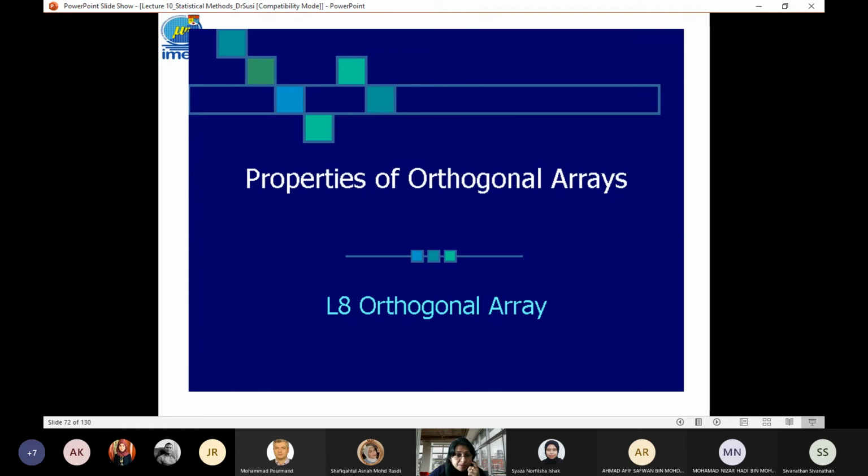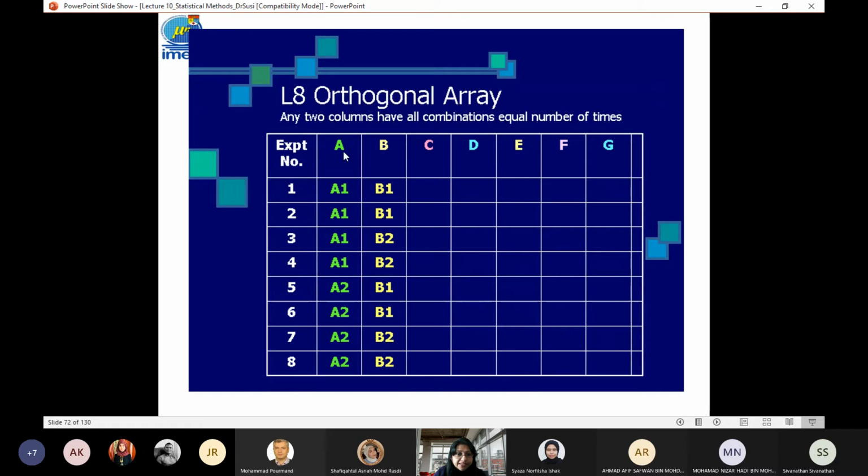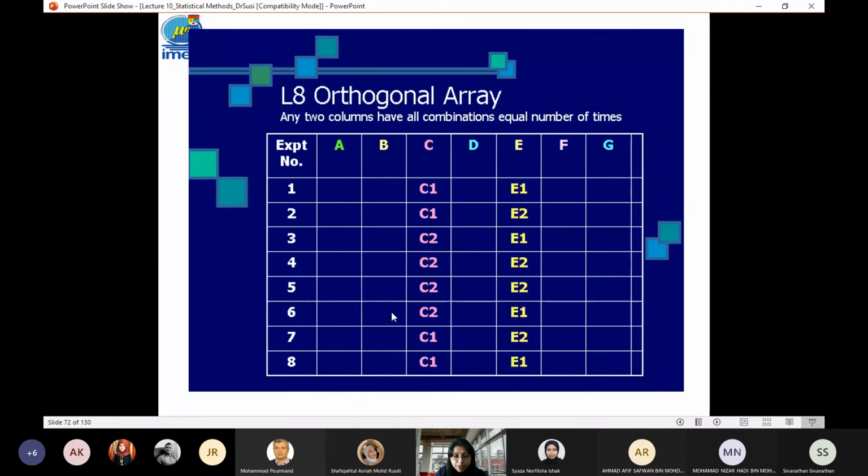All right. So this is the properties of L8, where you can see this is A and B. Any 2 columns have all combinations equal number of times. So A1, B1 occurs 2 times, A1, B2, A2, B1, A2, B2, and so forth. C1, E1 2 times, C1, E2 2 times, C2, E1 2 times, C2, E2 2 times.